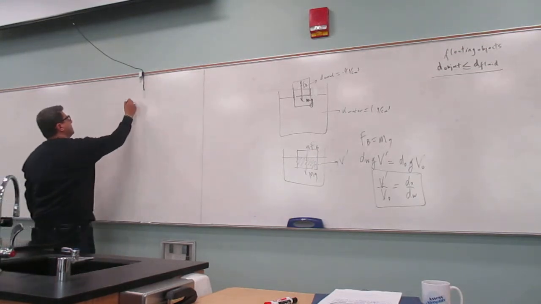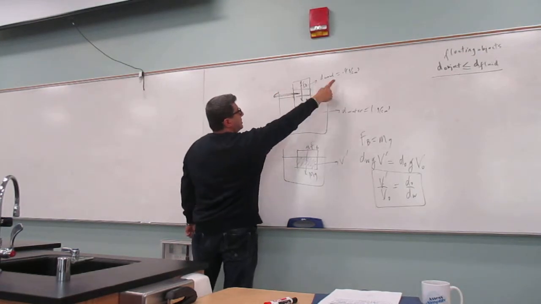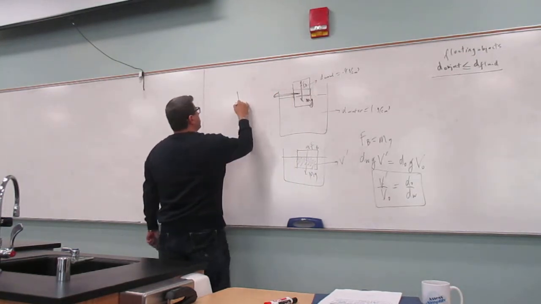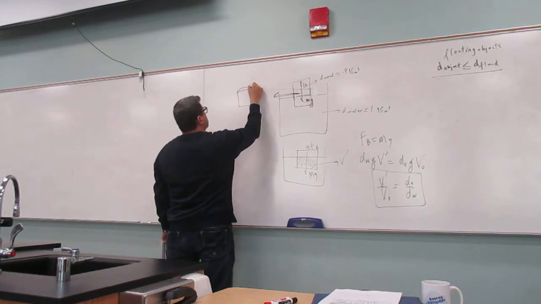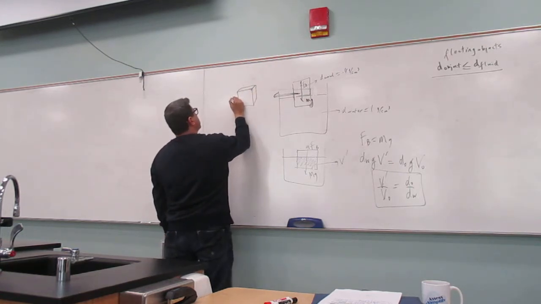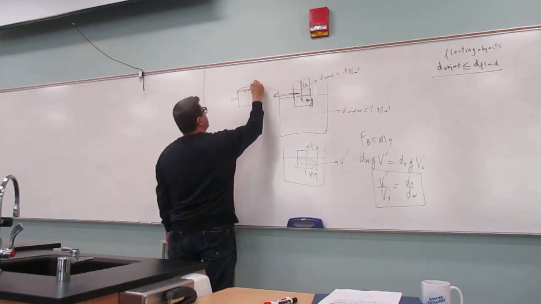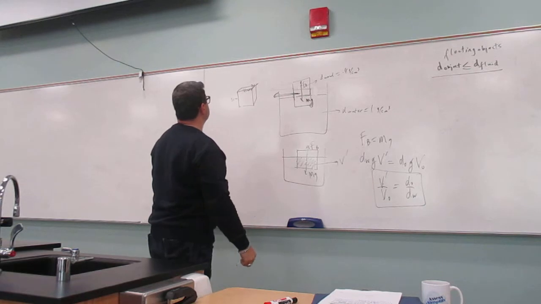So how about if this one was wood, as we already said, and it was a rectangular object, 8 centimeters by 4 centimeters by 3 centimeters? What would happen?